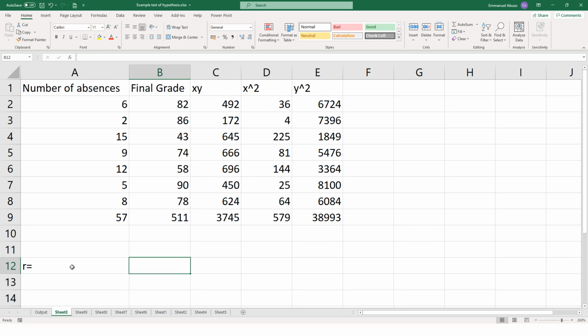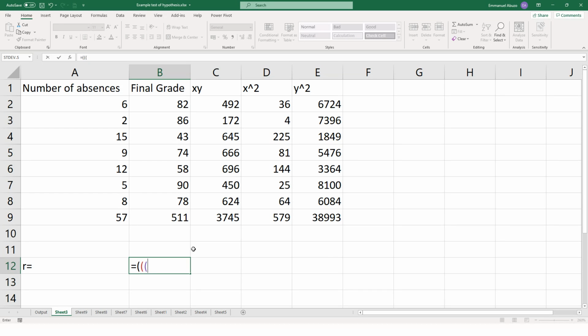Okay, so for our r, we have n times the sum of x, y. Okay, so our n is 7. There are 7 students. So 1, 2, 3, 4, 5, 6, 7. So there are 7 students. So you have 7. Let's have equal sign, and then let's have 3 open parentheses.